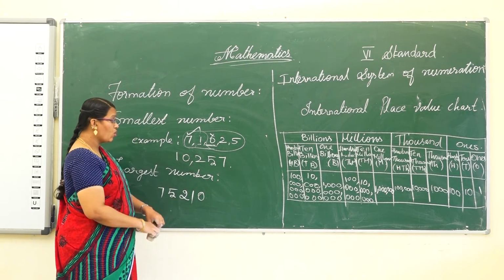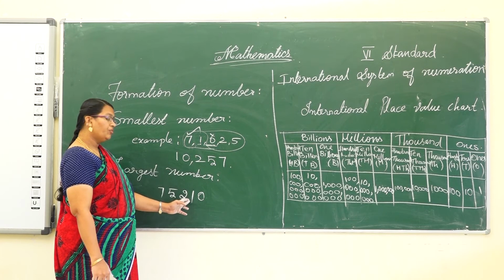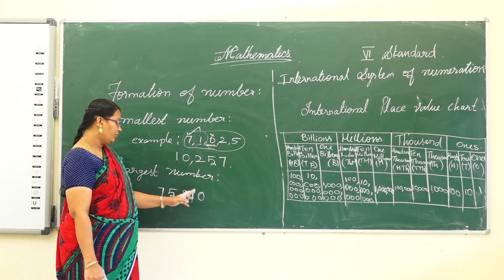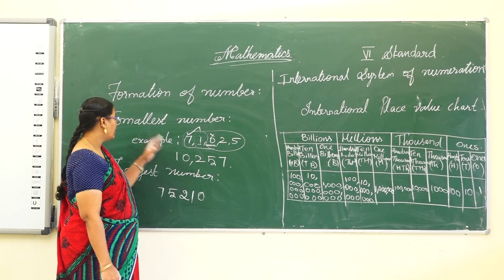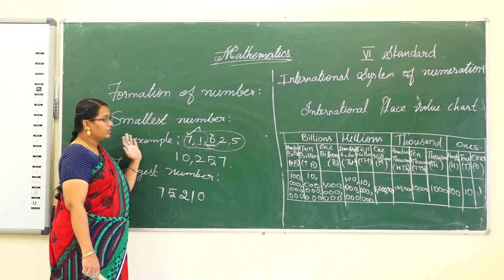For the smallest number, find the 0 and put it after the 1, in front of the 1 is not allowed. That is the smallest number, and here we have found the largest number. That is the formation of numbers from given digits.